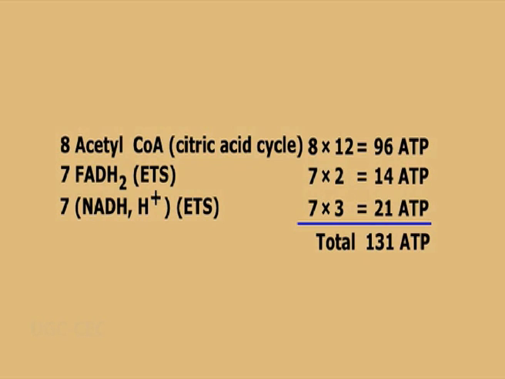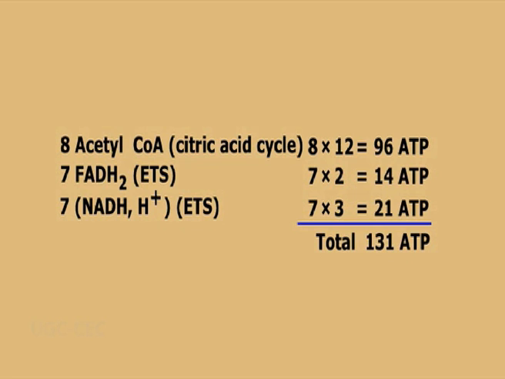Now, this NADH and FADH2 produced during the beta oxidation are subsequently oxidized using the electron transport system. Here, 8 acetyl-CoA in the citric acid cycle produce 96 ATP. 7 FADH2 via electron transport system produce 14 ATP. 7 NADH plus H plus, also via electron transport system, produce 21 ATP.